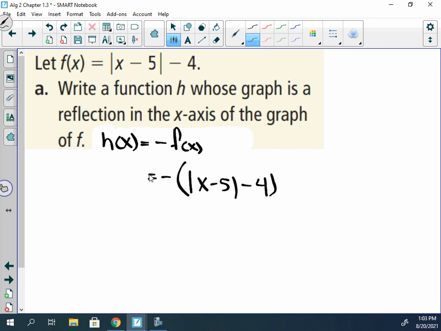And well, the only other thing we need to do now is to distribute the negative sign to both the absolute value and the 4. And when we do that, we'll get negative absolute value of x minus 5. And then negative times a negative gives us a positive, and we get plus 4.